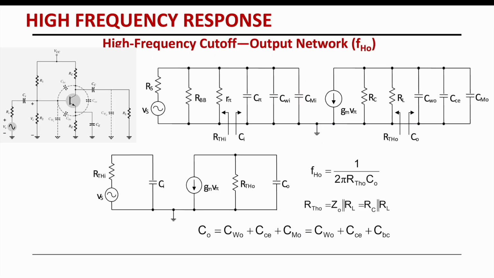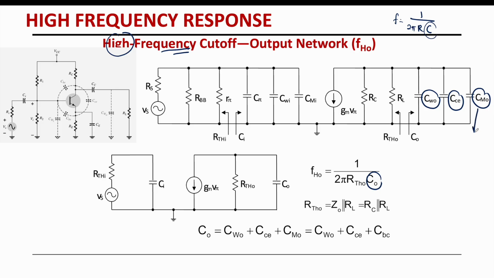Now let's look at how we determine the higher frequency response at the output node. At the output node, we still use F equals 1 over 2 pi RC, but remember now our C is going to be the C at the output. So C at the output is CWO plus CCE and CMO.